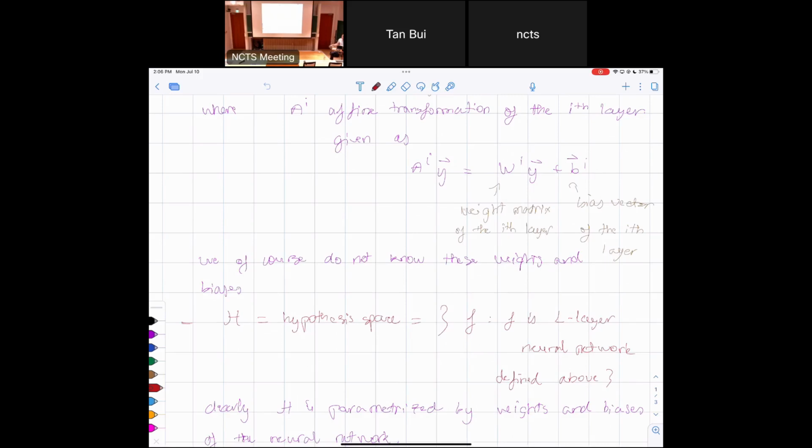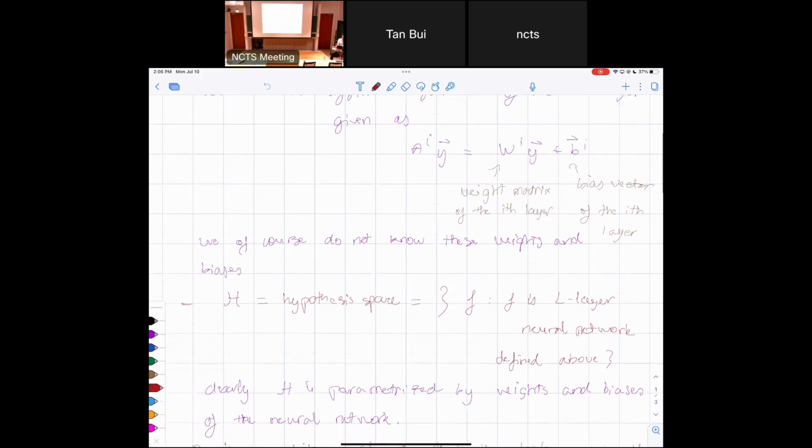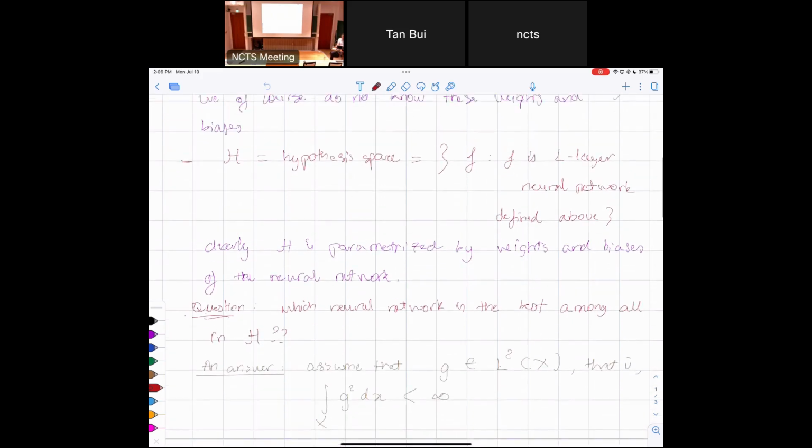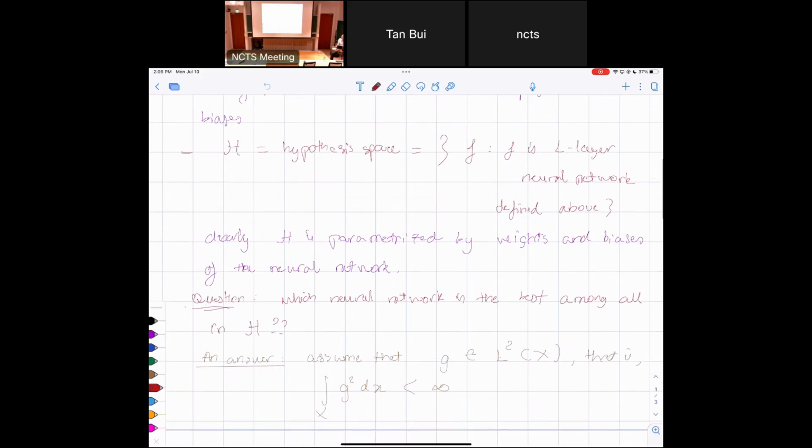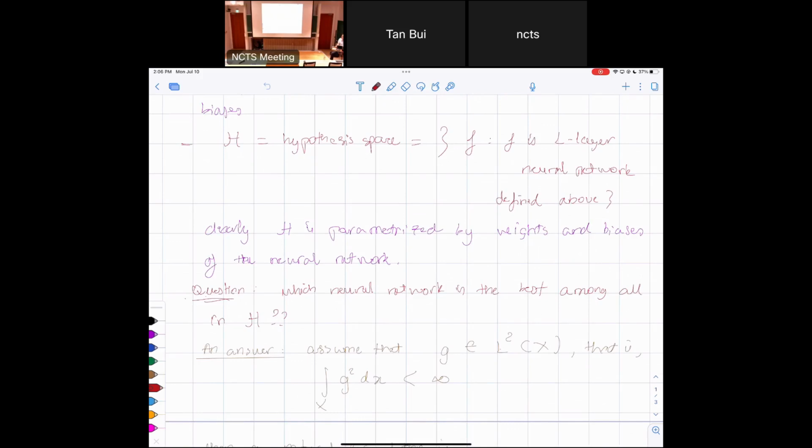In particular, this is the hypothesis space generated by an L-layer neural network. And the space itself, like I mentioned last time, is a very complicated, unusual space to work with. In particular, it does not have a linear structure, like the usual vector space. It's not even closed or convex in general.